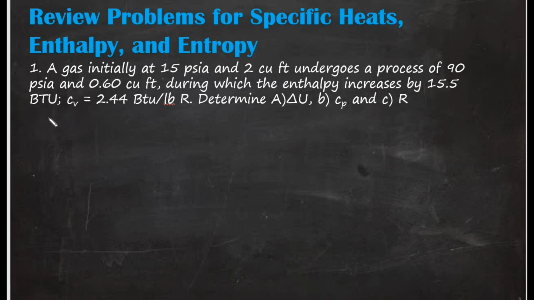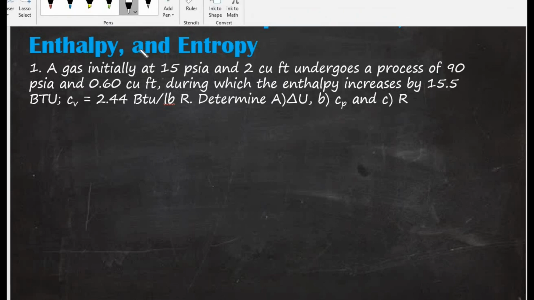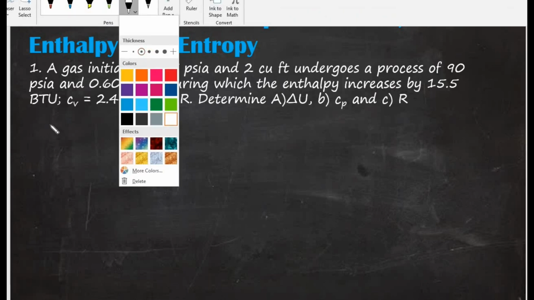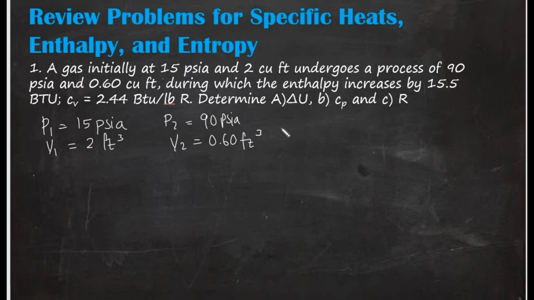Okay, so let's write our given down. P sub 1 is equal to 15 psia, V sub 1 is equal to 2 cubic feet, P sub 2 is equal to 90 psia, and V sub 2 is equal to 0.6 cubic feet.